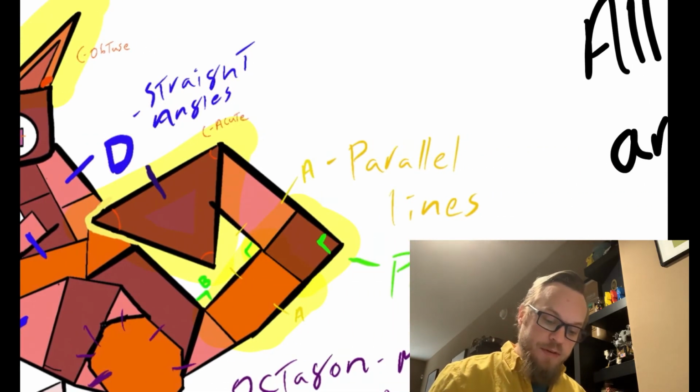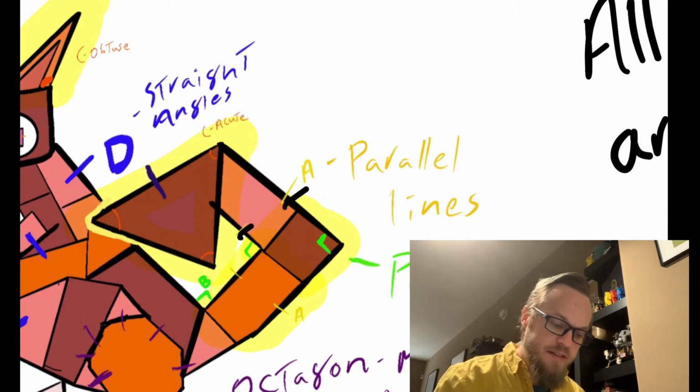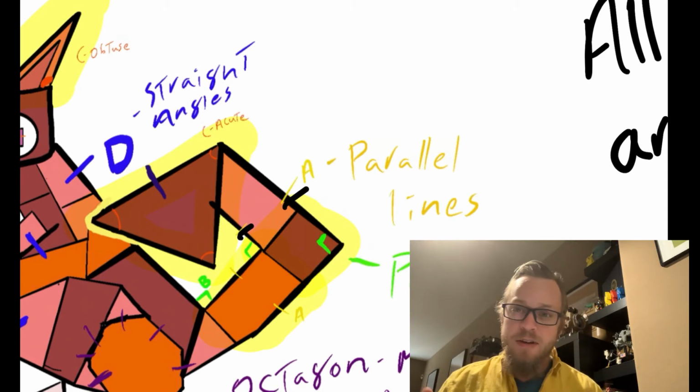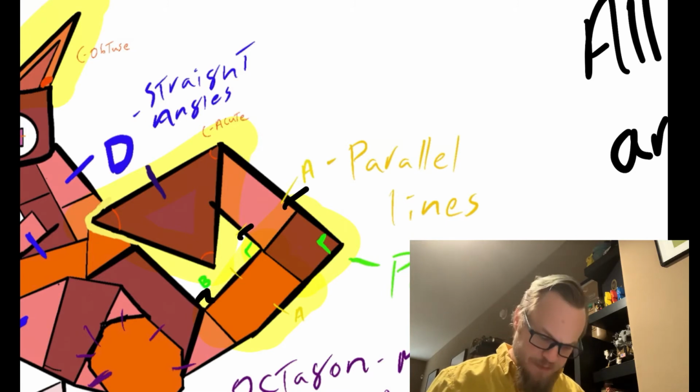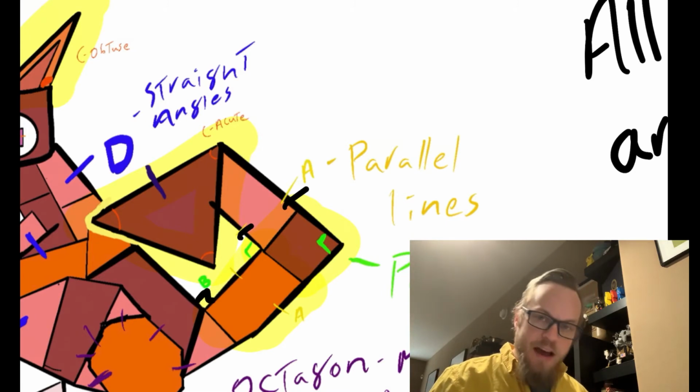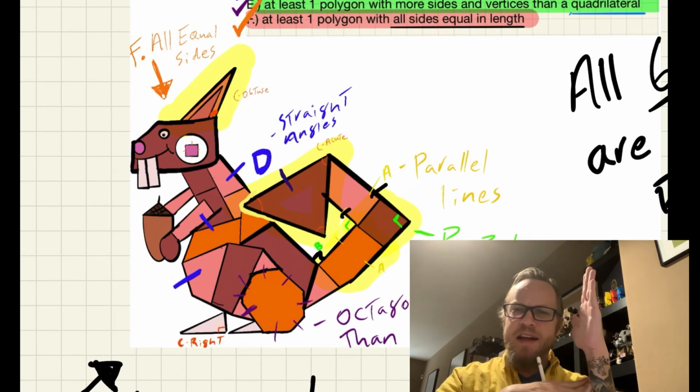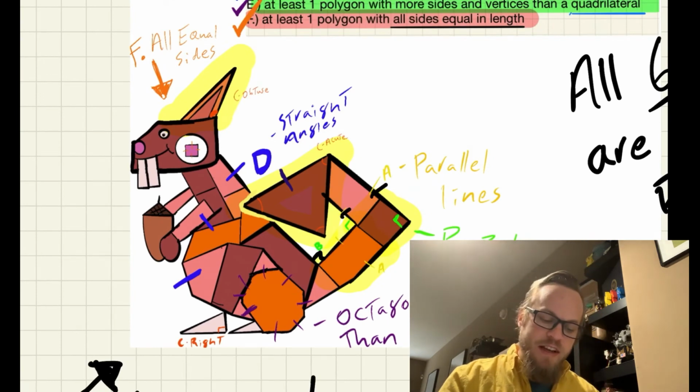I've labeled by drawing it off, hey, these are parallel lines. That and that, that's a parallel line, so I can mark that as A to match my parallel lines. Here, I have my perpendicular lines, anything meeting at a right angle. So I've drawn in B for my perpendicular lines.